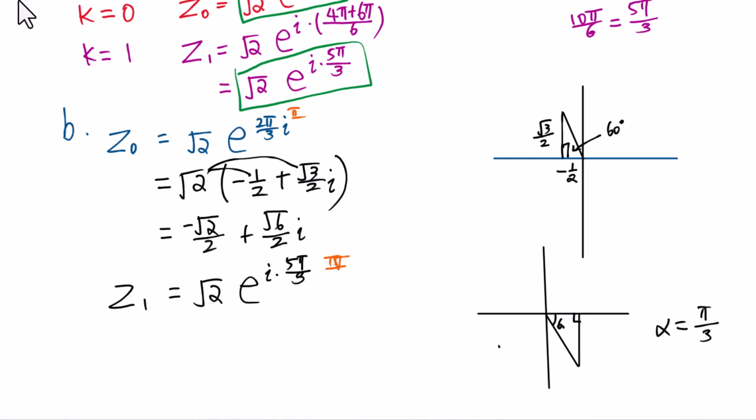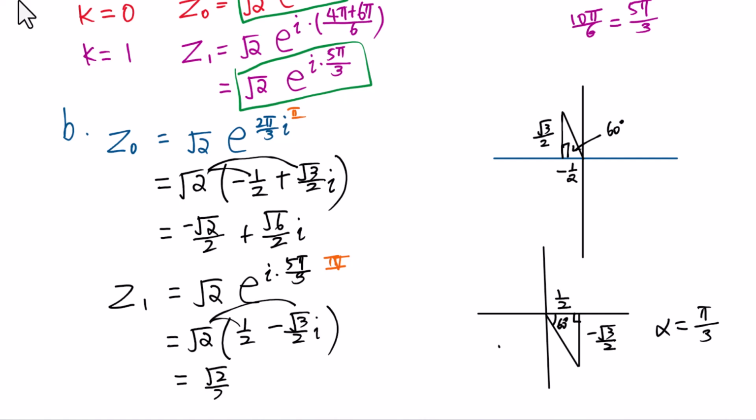This is 60 degrees. Corresponding side is negative square root of 3 over 2. This is 1/2. So we get square root of 2 times (1/2 minus square root of 3 over 2 i). Square root of 2 over 2 minus square root of 6 over 2 i.